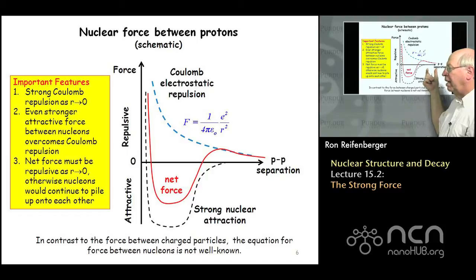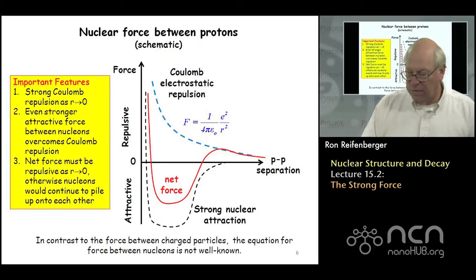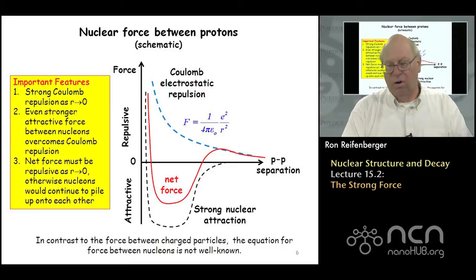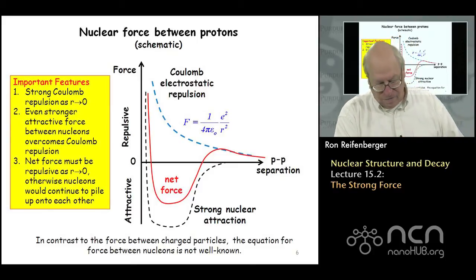When you have a proton interacting with a proton, you've got this Coulomb barrier that sets up, prevents the two protons from approaching one another very closely. But if they can get close enough, they overcome this Coulomb barrier, and they are, in fact, influenced by this very short range, very strong nuclear attractive force.